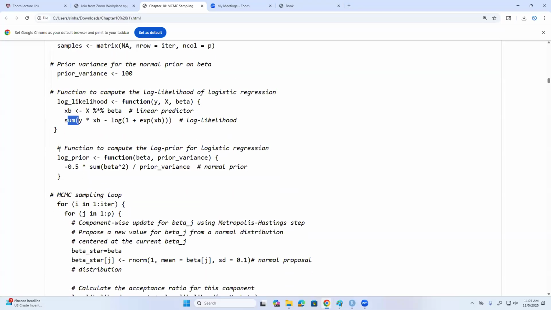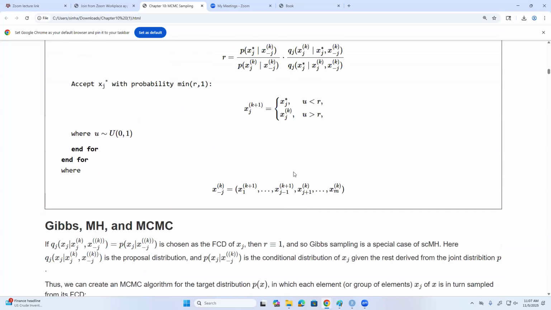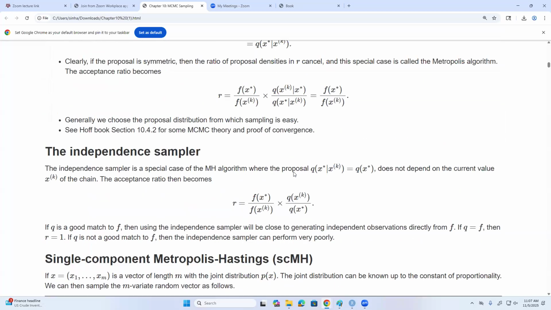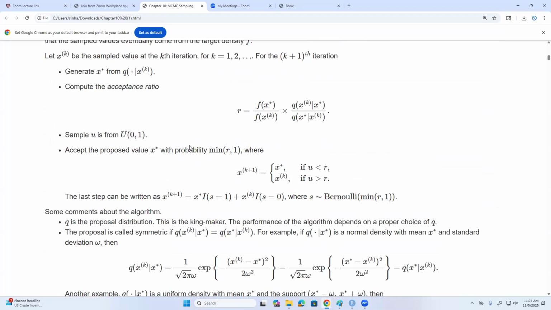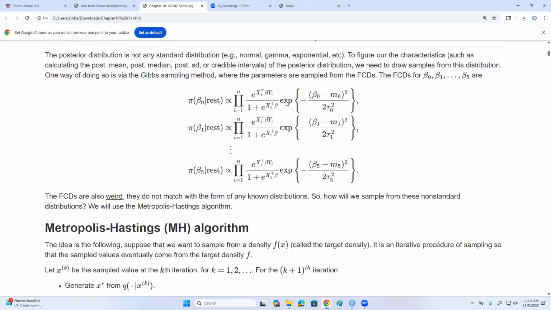And we are also calculating a log prior distribution. Why do we need it? Because our full conditional distributions involve the prior distributions as well.